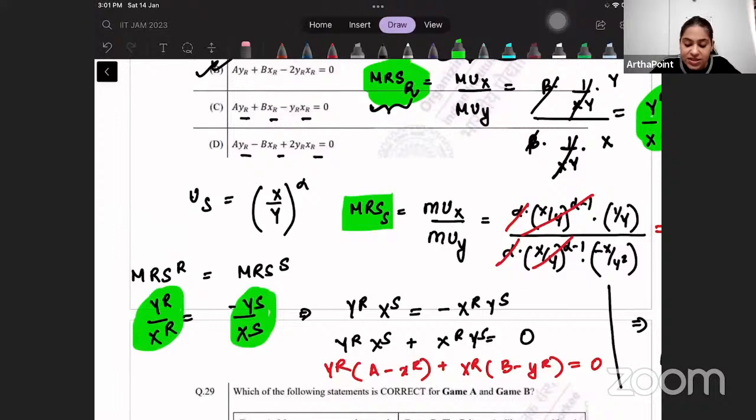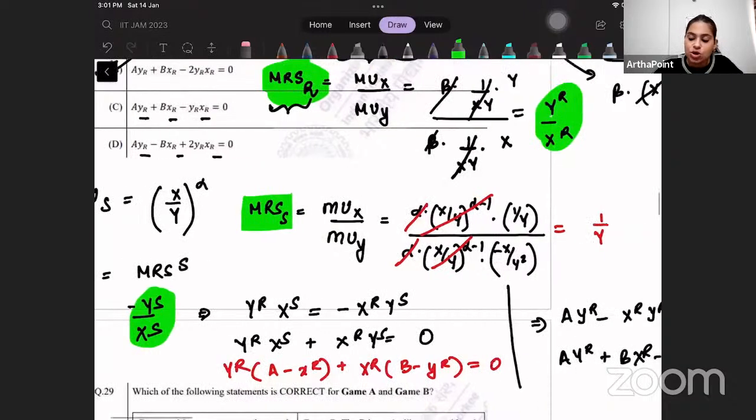So the slopes are a function of y by S. This is fine, the way the slopes have come up. This is the only way to solve these. These are continuous functions, neither substitute good functions nor perfect complementary good functions. So I am able to use the MRS A equal to MRS B concept.